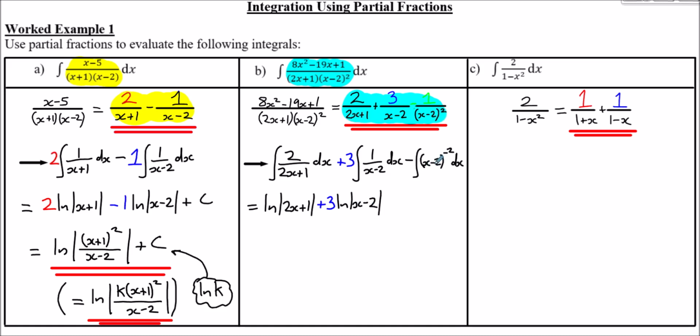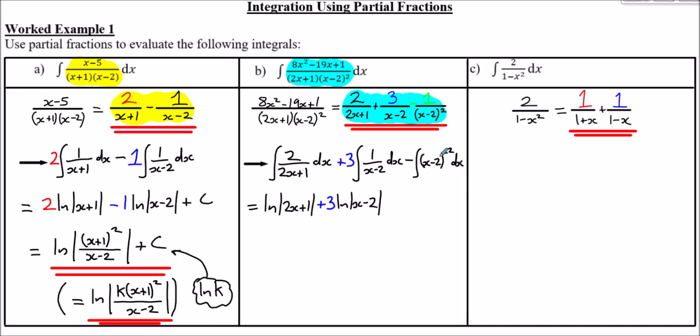And this here, we could either use a u sub or just essentially by inspection when we get confident enough. If we do a u sub, for example, where u is x minus 2, the power minus 2 would increase to a minus 1, then we'd divide by that, u to the minus 1. So this would become minus x minus 2 to the negative 1.